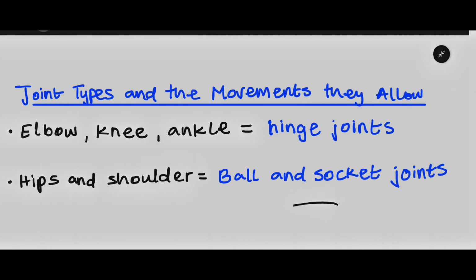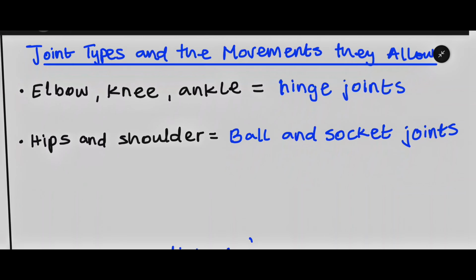So you have a socket here and a ball, so the bone fits into this cup-like socket. So this is an oversimplification, but that's what ball and socket joints look like. So those are two types of joints you need to know.